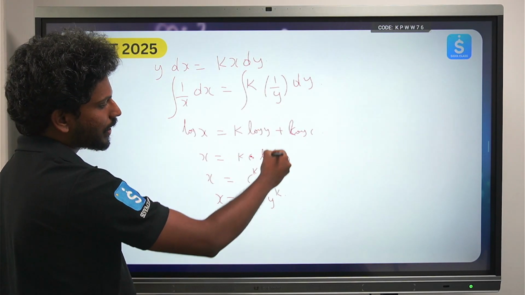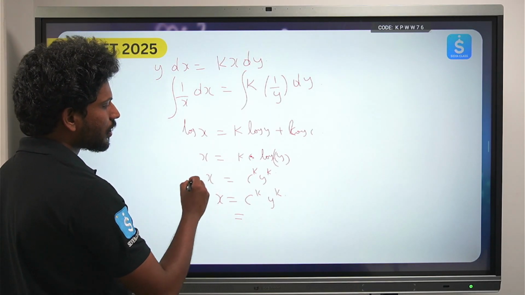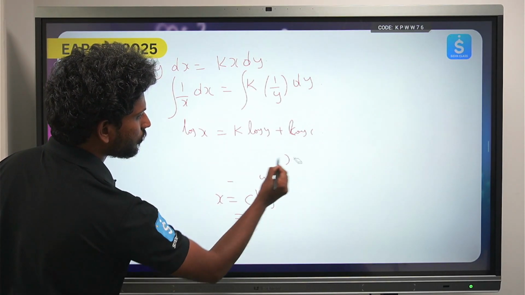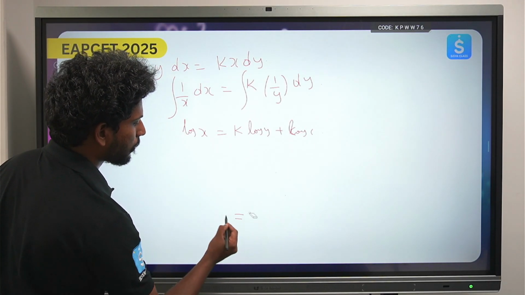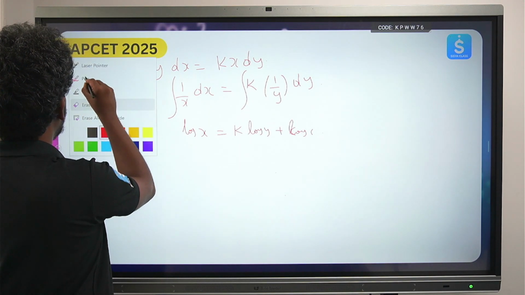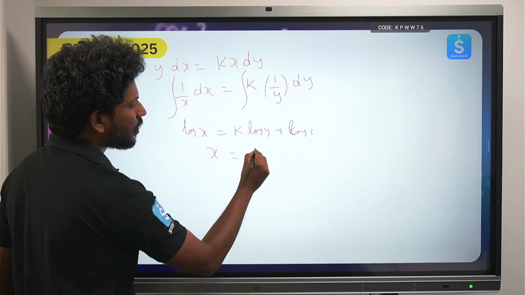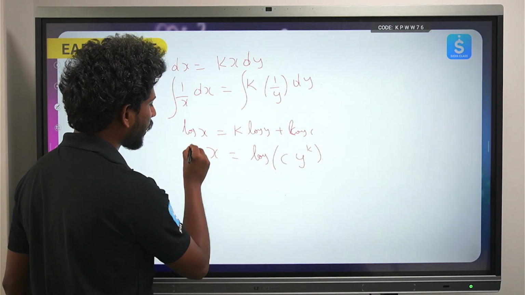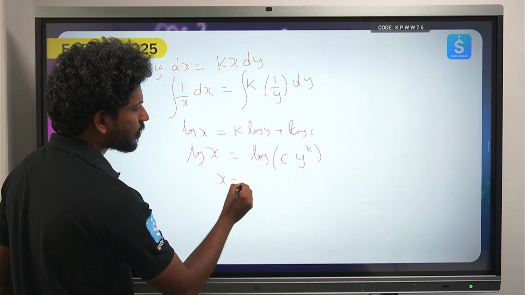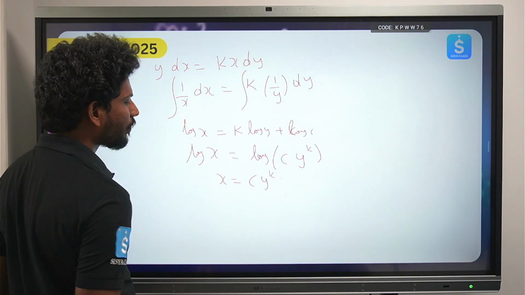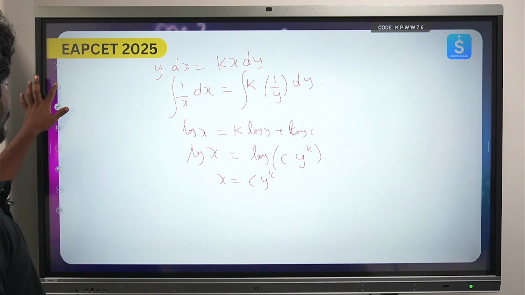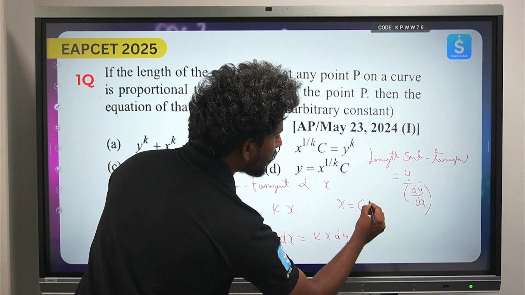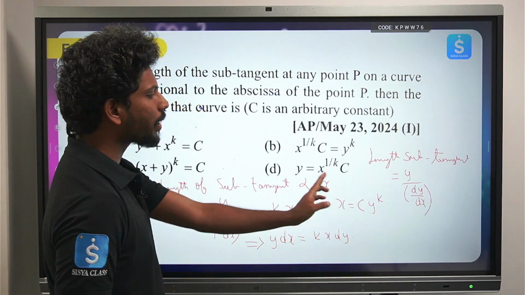So we have the final answer: x equals c y power k. We got the answer x equals c y power k, but you take 1 by k on both sides.